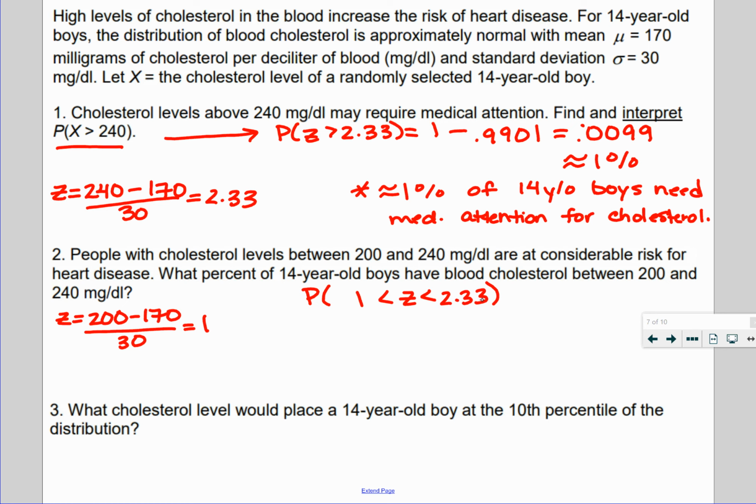If we are finding a probability between, it's just bigger minus smaller. The bigger area comes from the 2.33. We did that a minute ago. It was 0.9901 minus the cumulative area for the smaller one, which is 1.00, so 0.8413.